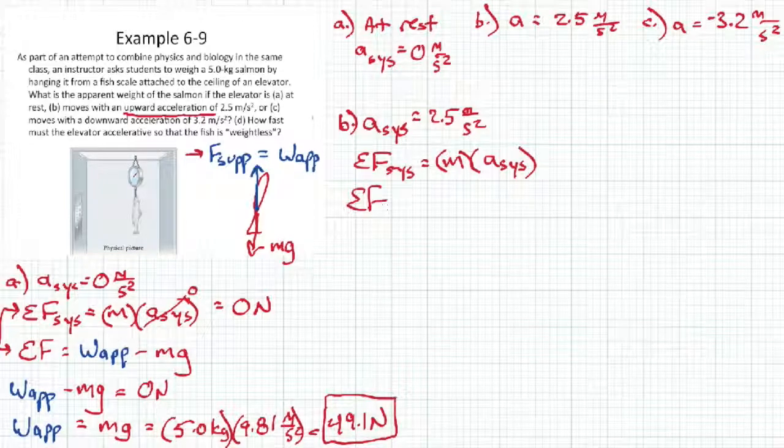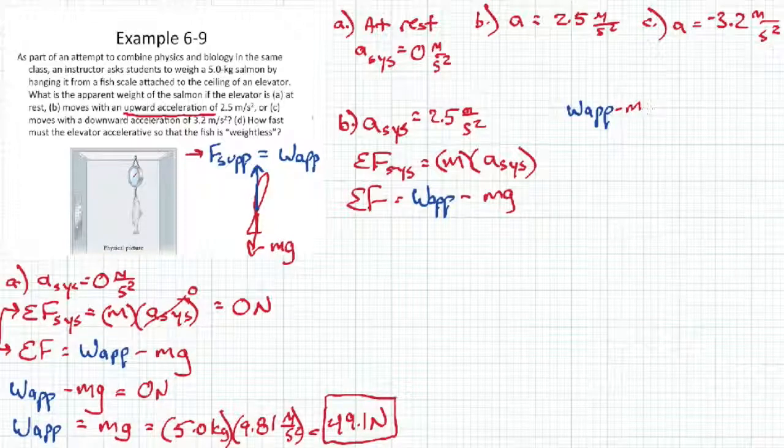And the net force can be described as the apparent weight minus the weight force, right? mg, mass times gravity. So we can set them equal to each other. We can say the apparent weight minus mg equals m times the acceleration of that system in this scenario right here.